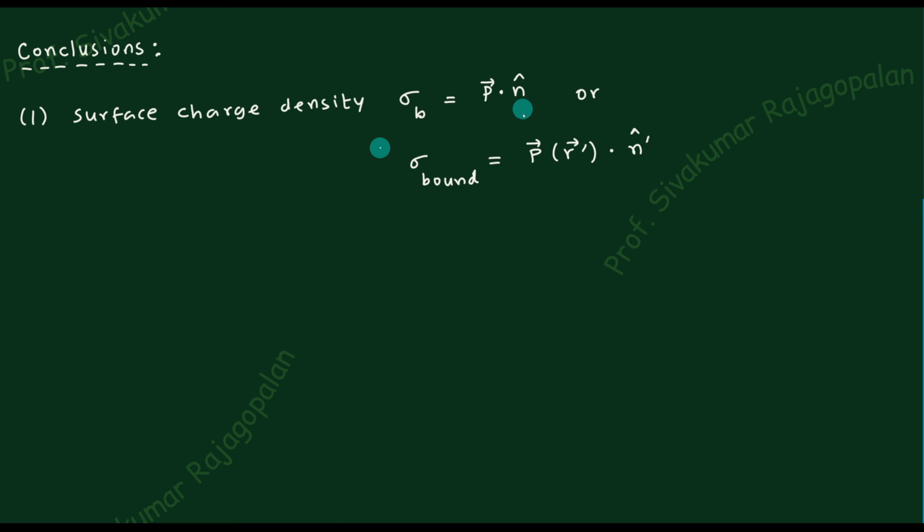Right now we need only one expression, p dot n, and therefore for simplicity it is written as p dot n. In some books they may write it like this, so you should not think that they are different. They are identically the same. This is just a convenient way of writing without the primes. This is the bound charge density.